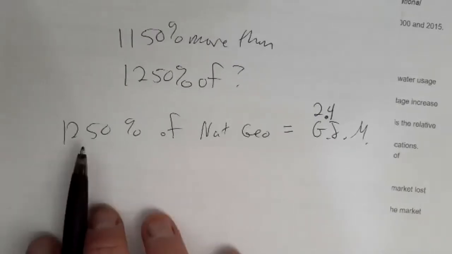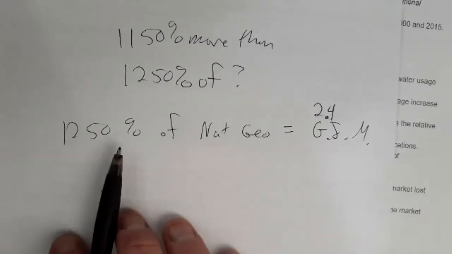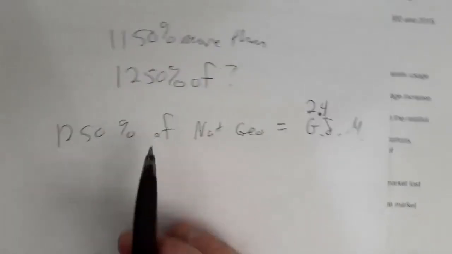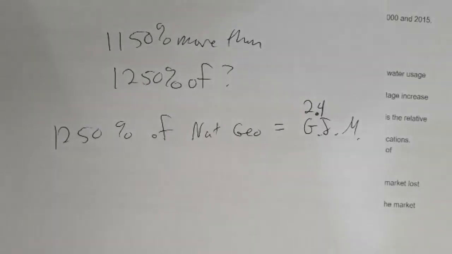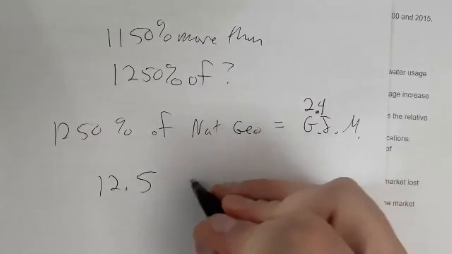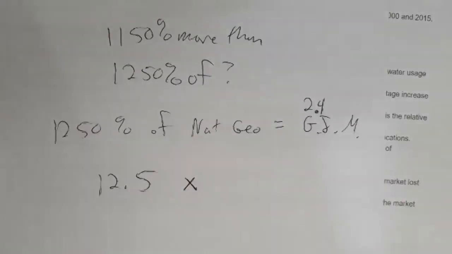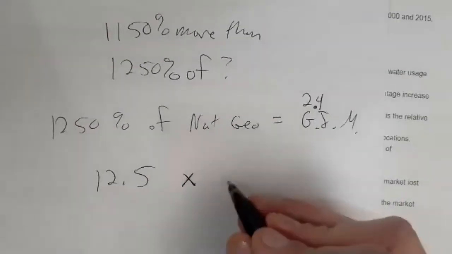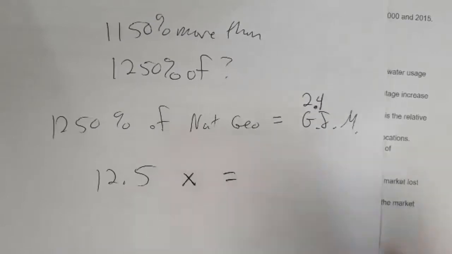So the first thing, I should convert this to a decimal. If I convert this to a decimal, it would be 12.5. So 12.5 times National Geographic, which is something I don't know.